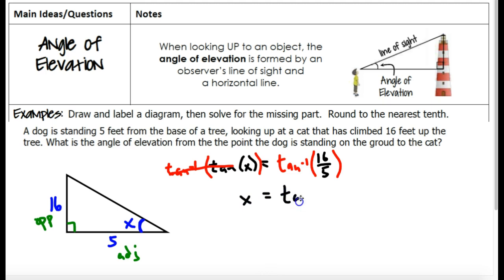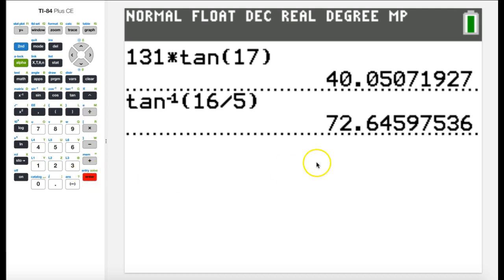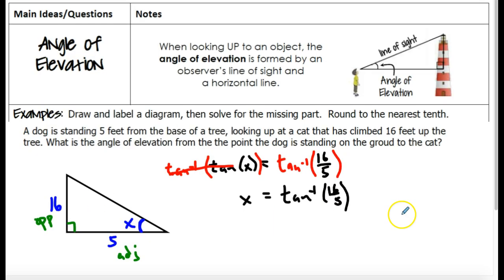So we get the inverse tangent of 16 over 5, and that we can put into the calculator. So remember, the inverse functions are right above the trig functions. So to get inverse tangent, I'm going to hit second tangent, and then 16 over 5. So 72.6 degrees if I round that to the nearest tenth.